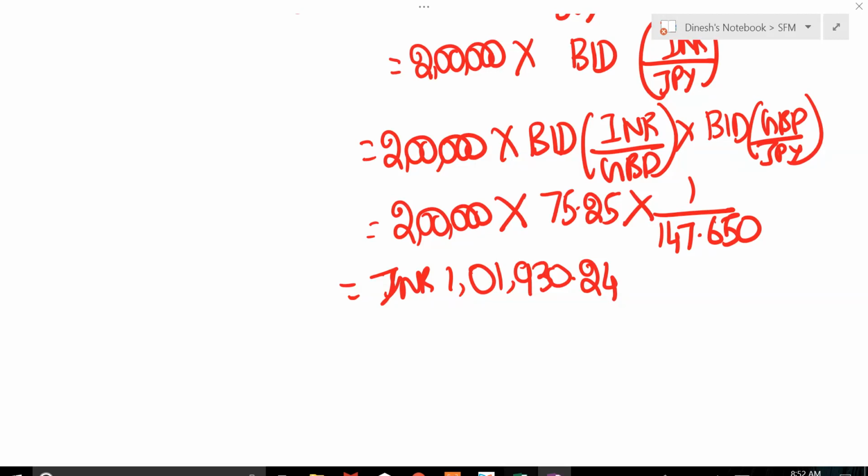The last one was how much INR can be bought with 2 lakh JPY. Now: how much INR is needed to buy 2 lakh JPY?